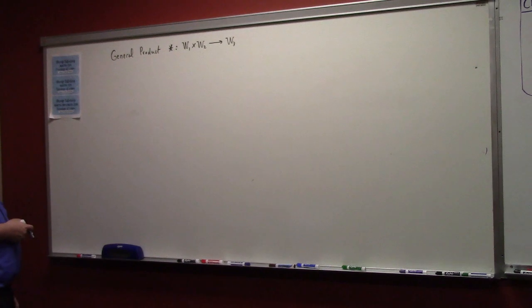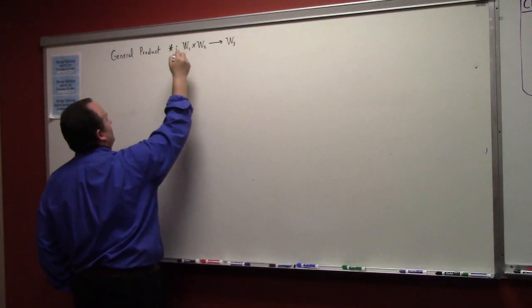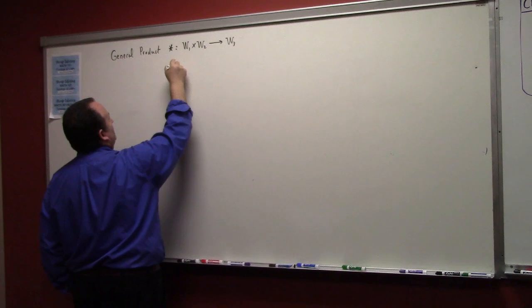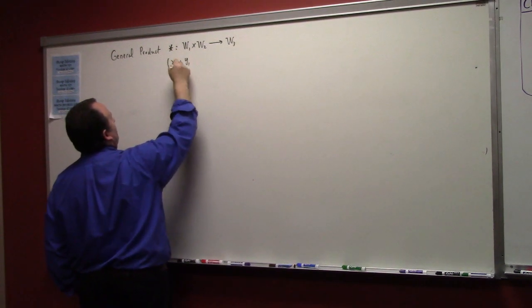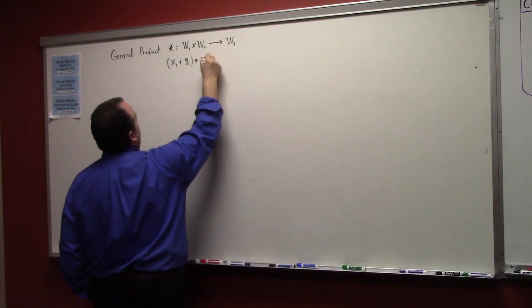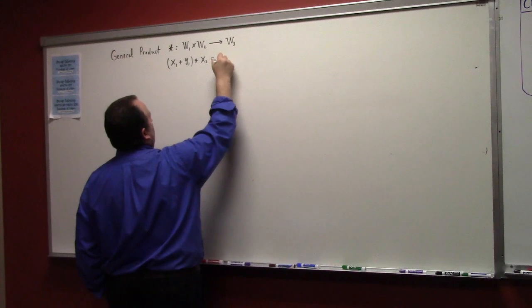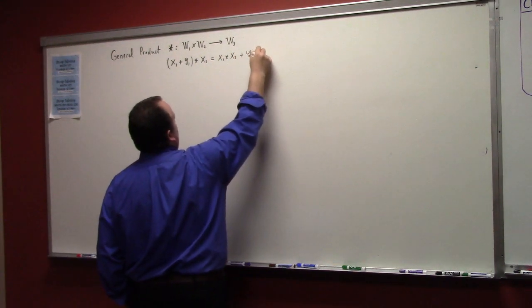Would this general product, the Cartesian product, I mean, the rule for this was what? We had, for example, x1 plus y1 star x2, it was x1 star x2 plus y1 star y2, right?